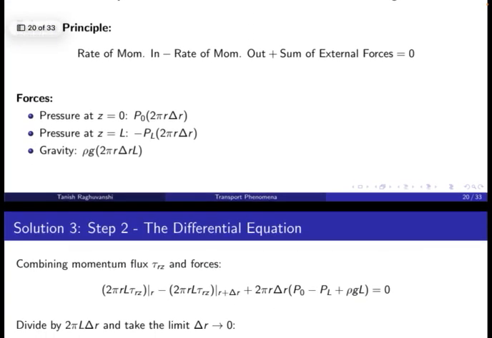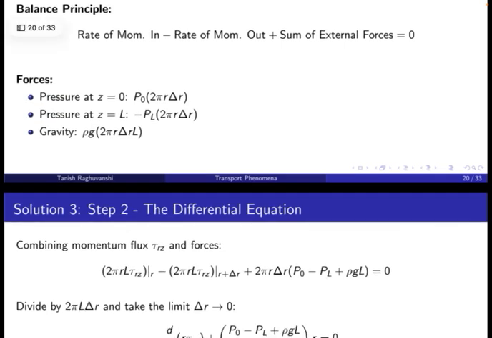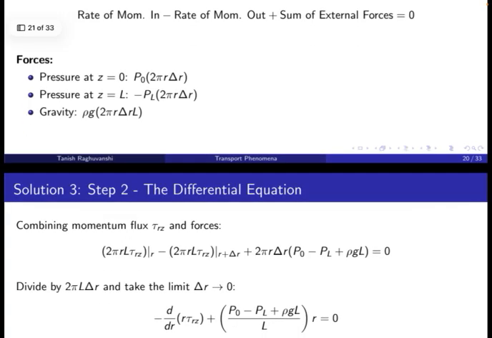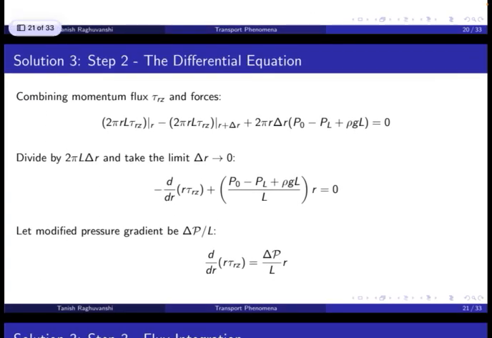So pressure at Z equal to 0 is P naught 2 pi R del R. Pressure at Z equal to L is minus PL 2 pi R del R. And the sum of external forces, which is gravity, is rho G 2 pi R del R L. So we can see that in the equation here as well.